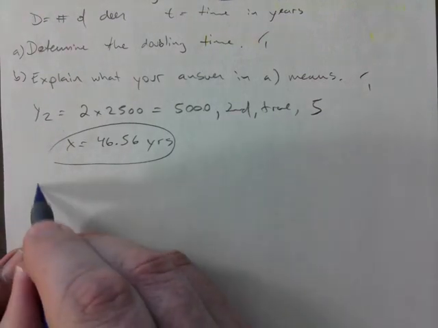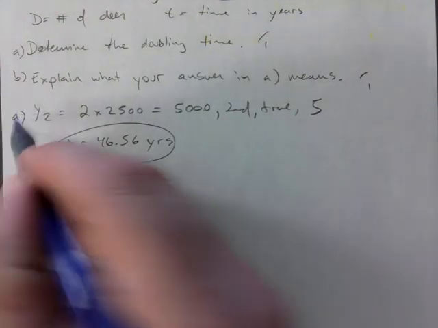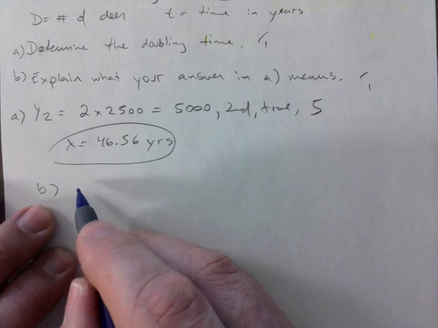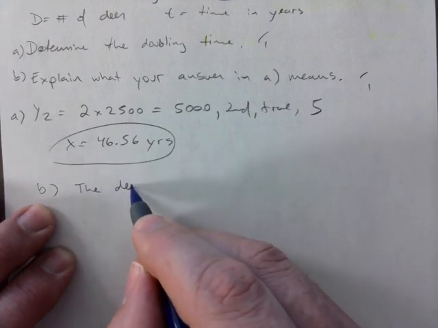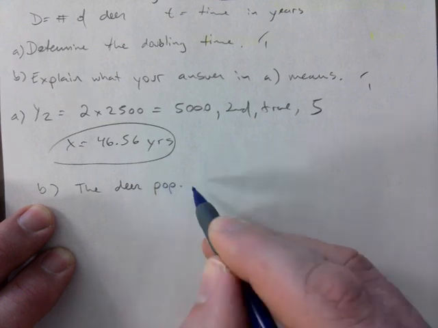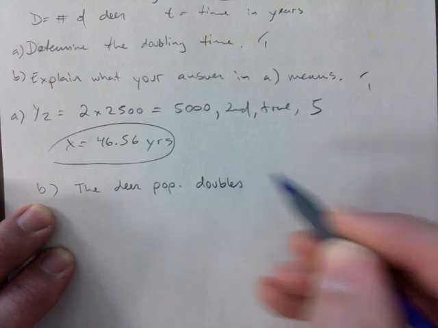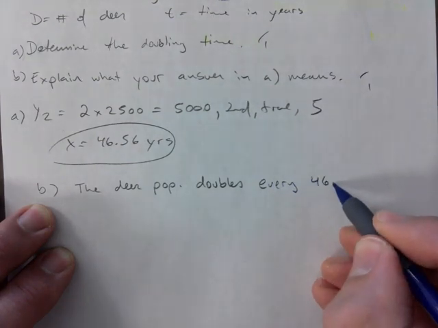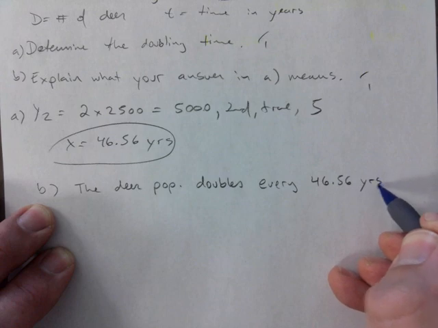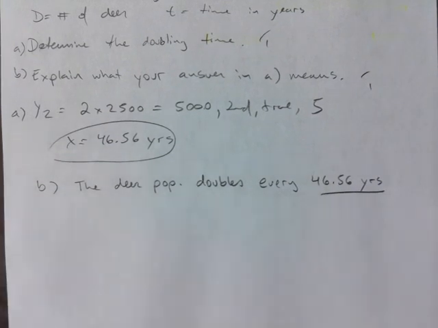1 mark for that. B, this was A, right? So B, what does this mean? That the deer population doubles every 46.56 years. That's what that means. I couldn't have asked you for the half-life because this is an increasing function, right?